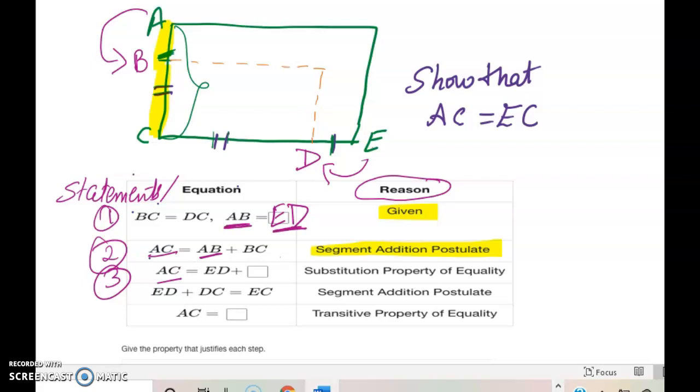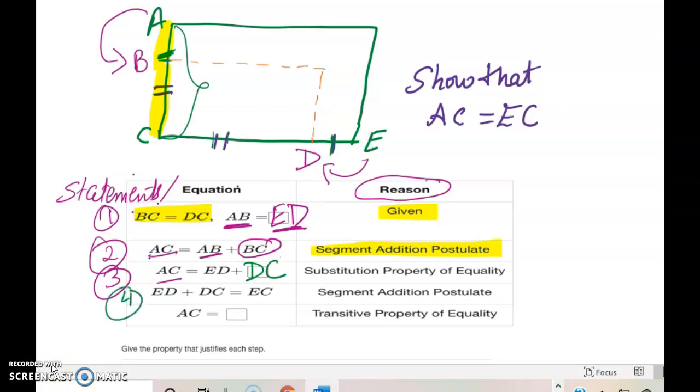Now, what can I substitute instead of BC? If we look at the first statement again, BC is equal to DC. So I can say it is DC. Okay, I'm done with substitution property of equality.